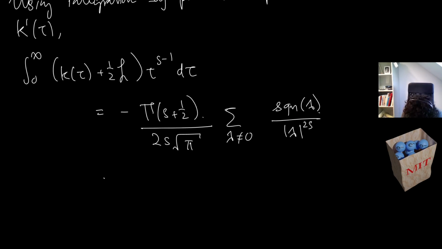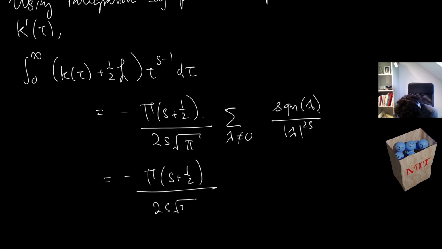So what is this? This is exactly negative gamma of s plus a half over 2s square root of pi, the eta function evaluated at 2s.